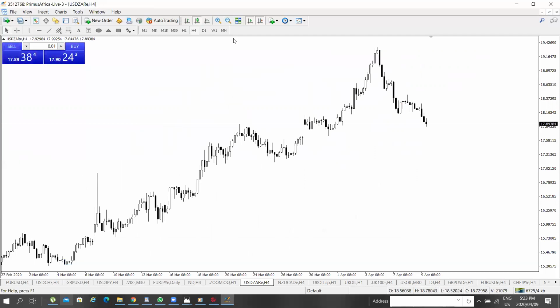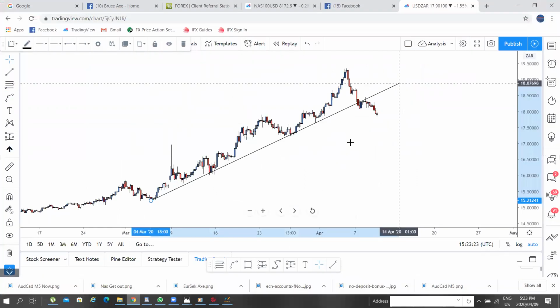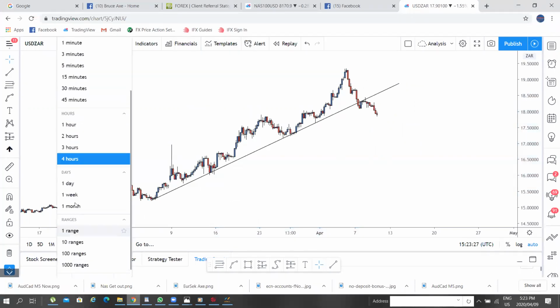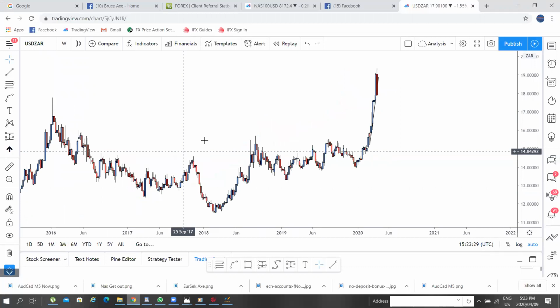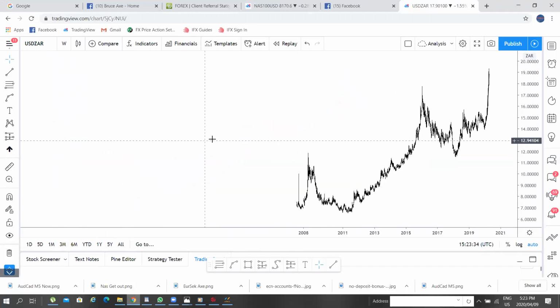So now we look for what? We look for more sell signals, right? So if we jump to this one, because I like to use this one, let me see when last ZAR reached this level.